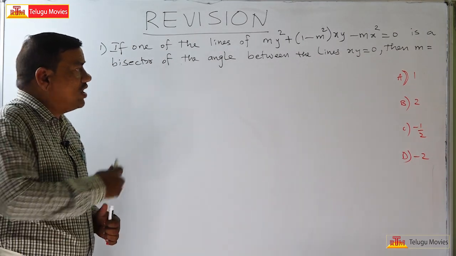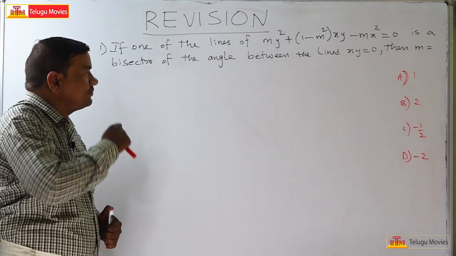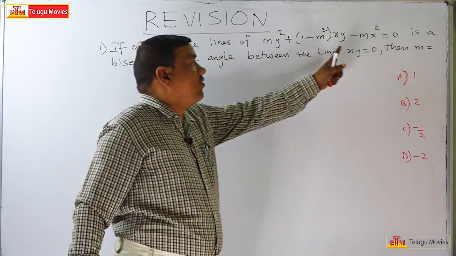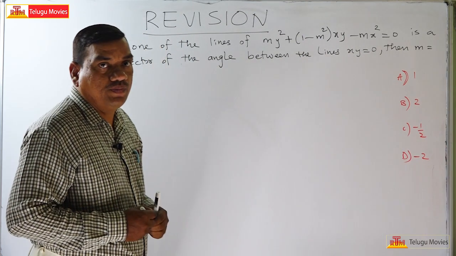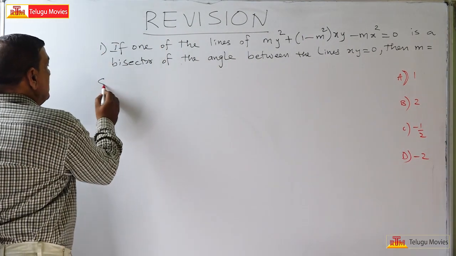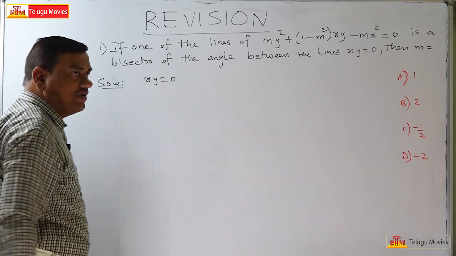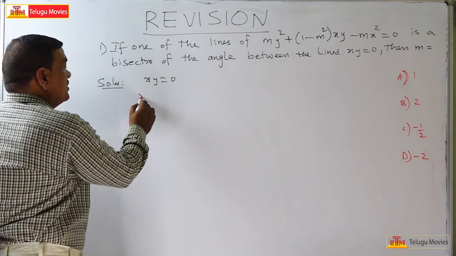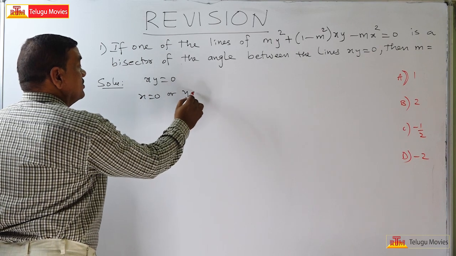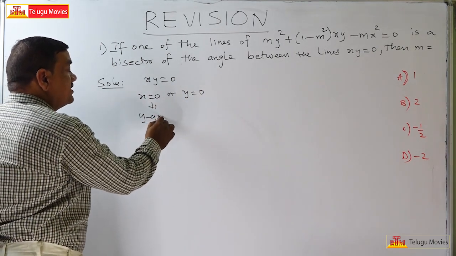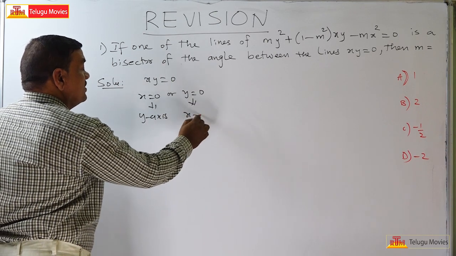First of all, we have to find the bisector of xy is equal to 0. Let us see the solution. xy is equal to 0 means x is equal to 0 or y is equal to 0. x is equal to 0 is the y axis, and y is equal to 0 is the x axis.